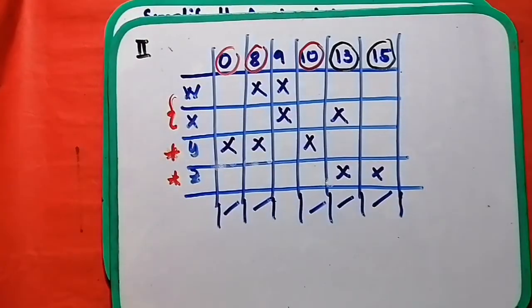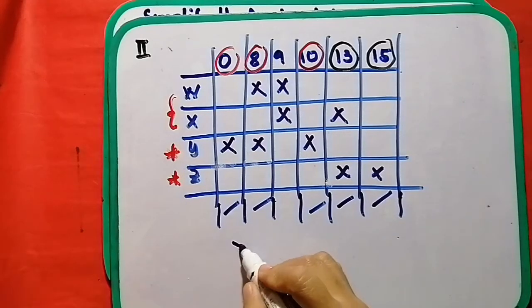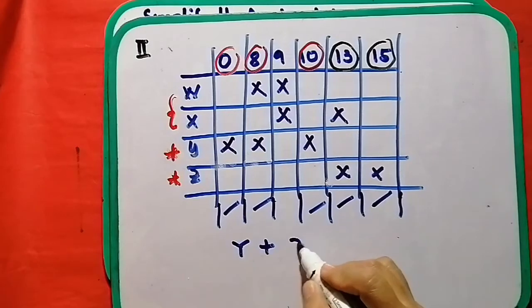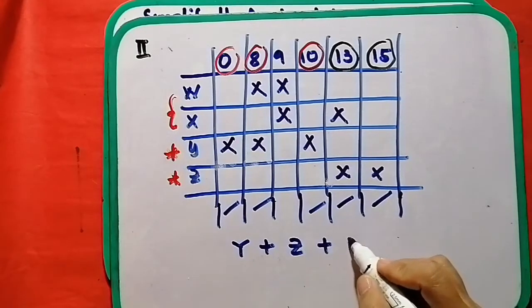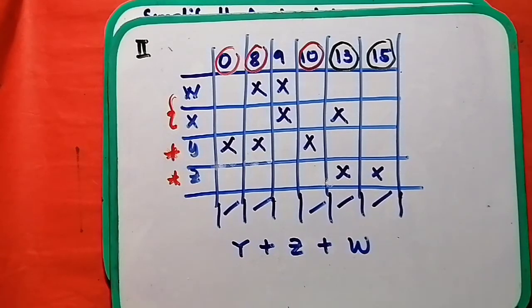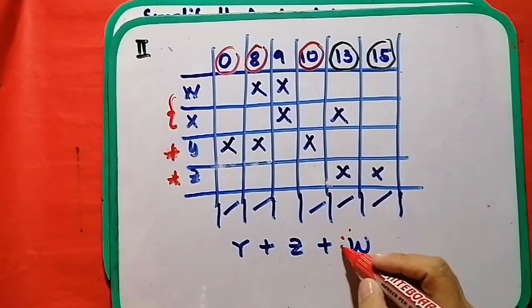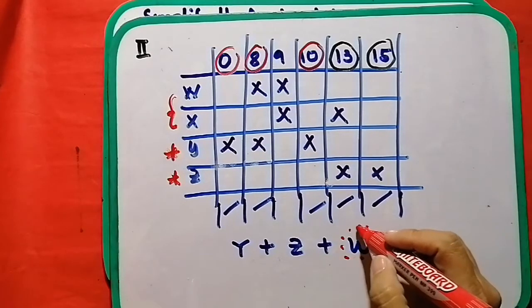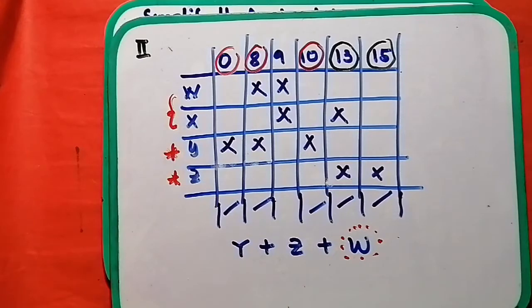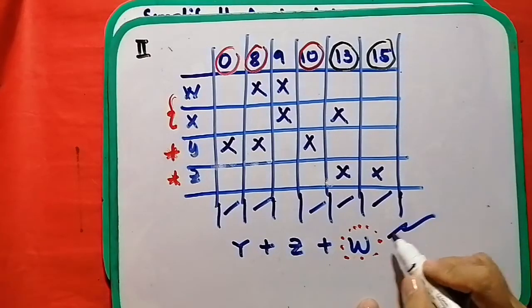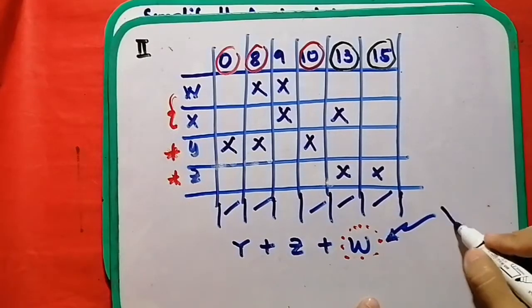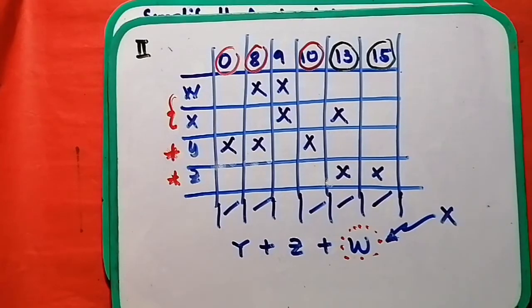Okay? So meaning, our answer could be Y plus Z plus W. Okay? Or this W can be replaced by X. So that could be Y plus Z plus W or Y plus Z plus X. We're not yet done.